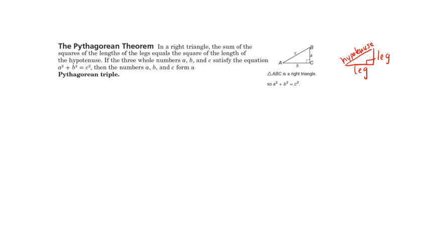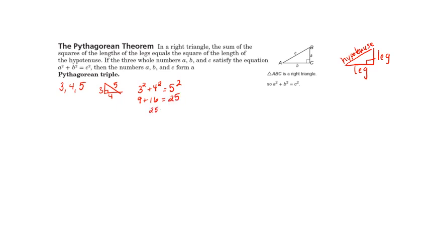So for instance, 3, 4, 5. If my legs were 3 and 4, a famous one is the 3, 4, 5 triangle, because it works. 3 squared plus 4 squared equals 5 squared. 3 squared is 9. 4 squared is 16. 5 squared is 25.